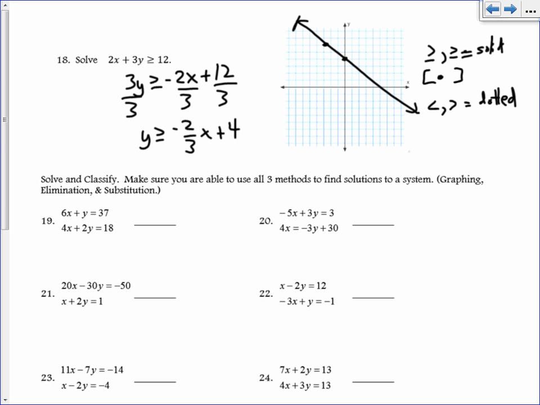Greater than is above. If you plug in (0, 0), 0 is not greater than 12. I have to pick a number above that line. Maybe (10, 10). 10 plus 20 plus 30 is 50. 50 is greater than or equal to 12. So all the points in this shaded area would make that equation true.